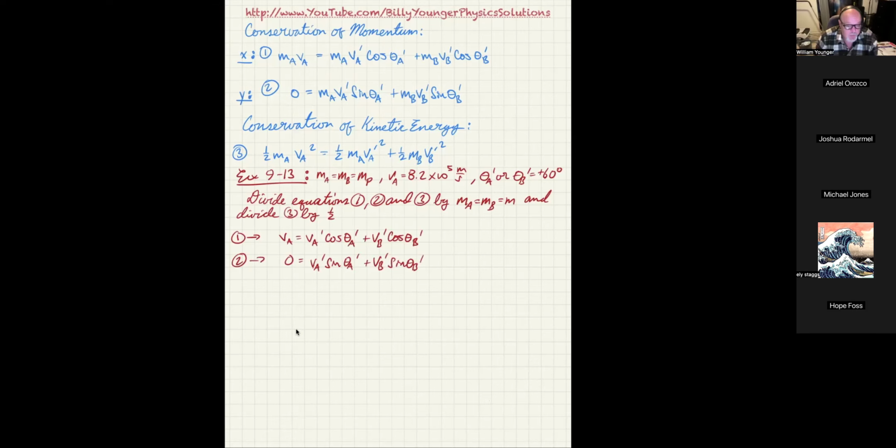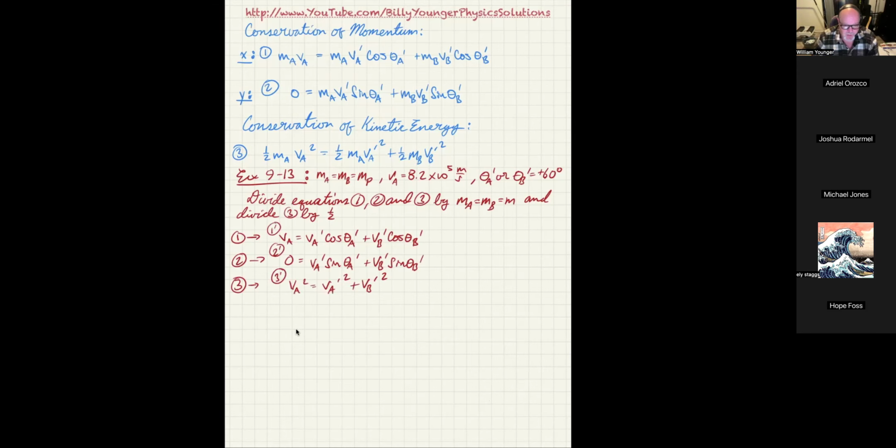And what's going to happen to equation 3 is even nicer. So equation 3 is going to be just that VA squared is equal to VA prime squared plus VB prime squared. So those are our new equations. We might even call them 1 prime, 2 prime, and 3 prime, and that would certainly be acceptable.